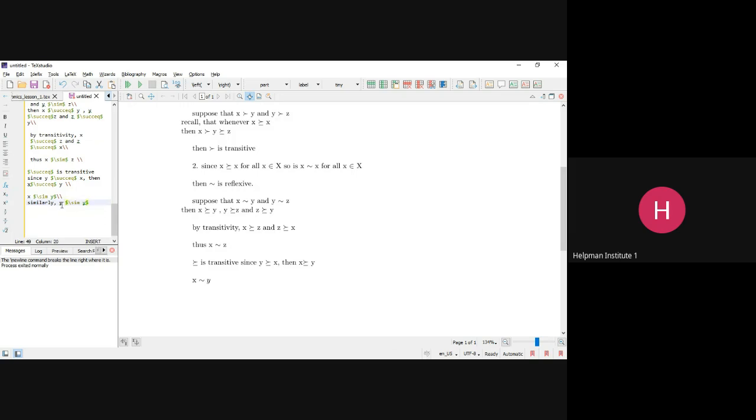So we observe that Y is indifferent from X.